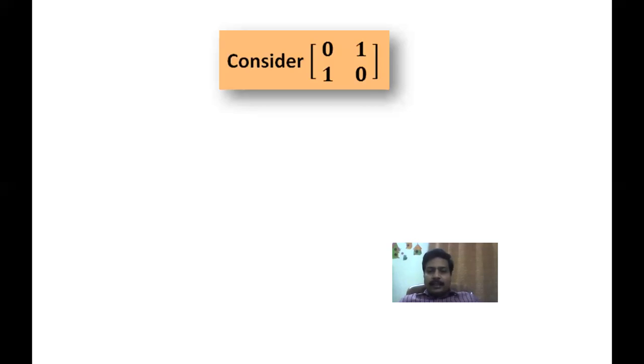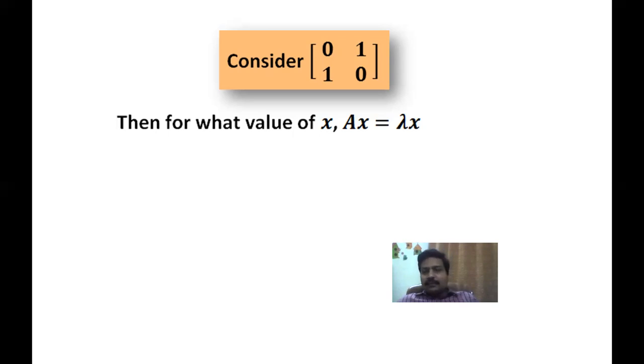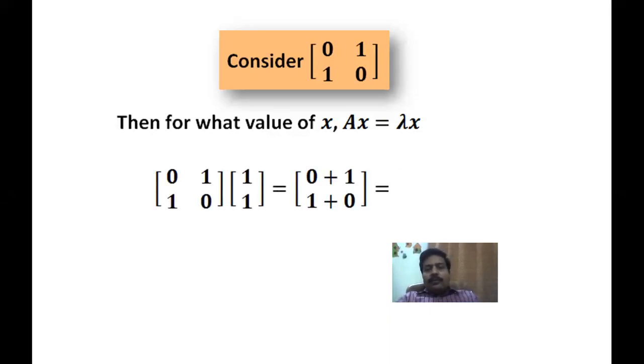Consider the matrix 0, 1, 1, 0. Now this is our A. Let us find for what values of x, Ax equals lambda x. We need to find x such that Ax is some scalar multiple of x.